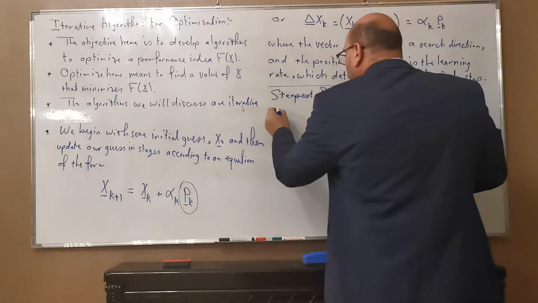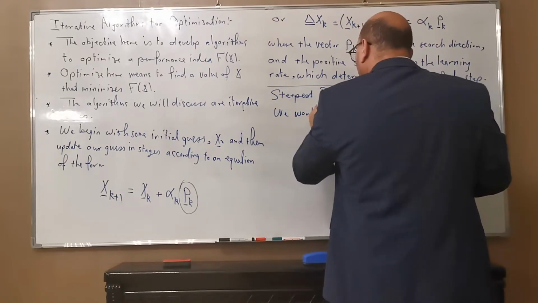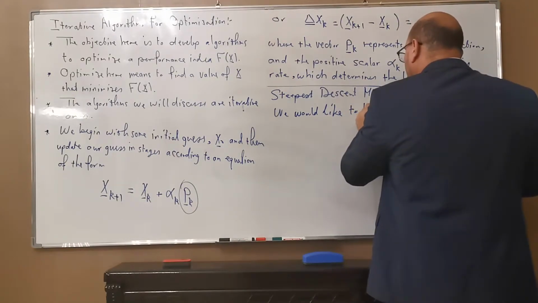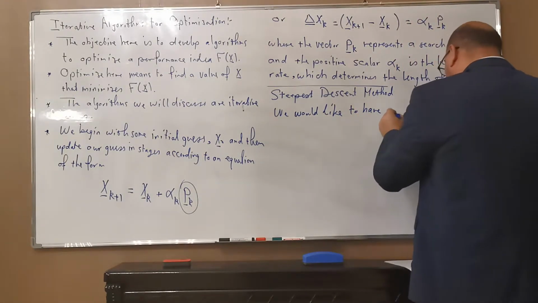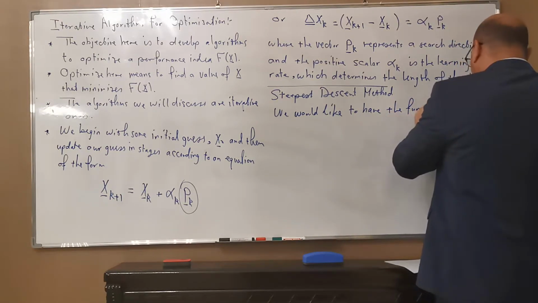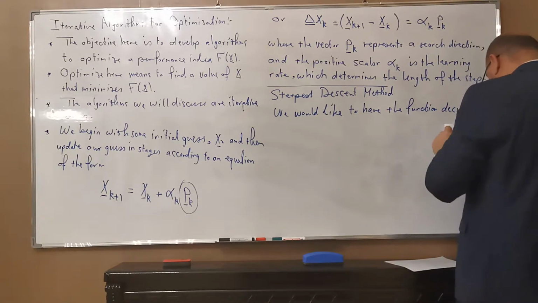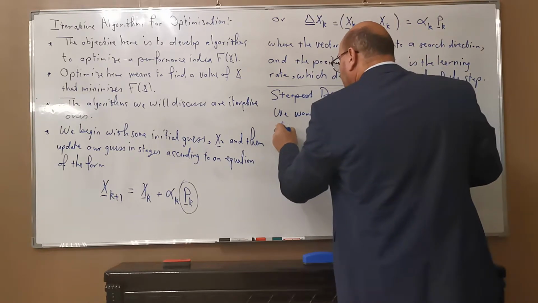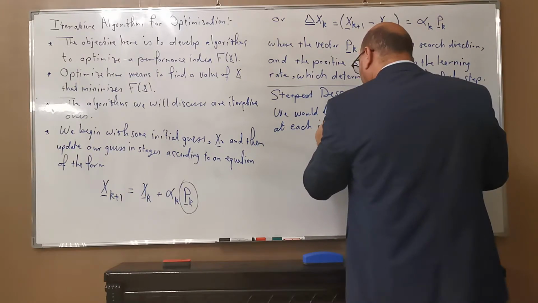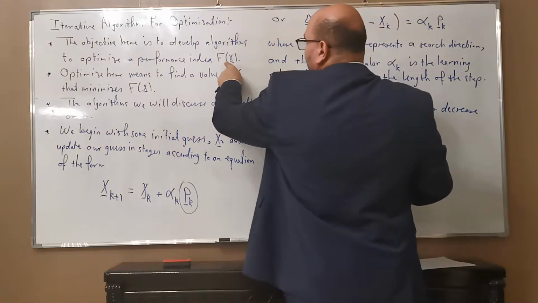Okay, so we would like to have the function decrease at each iteration. So I'm looking for f of x, trying to minimize it.